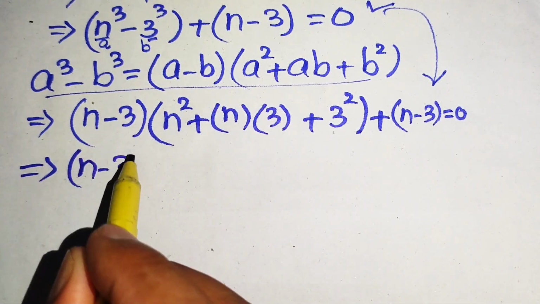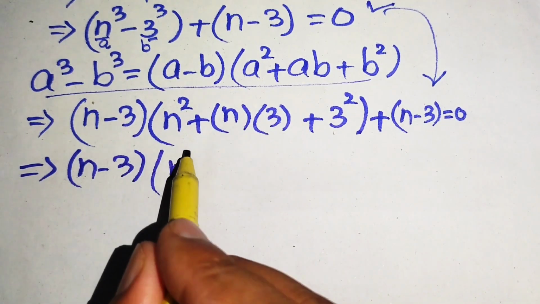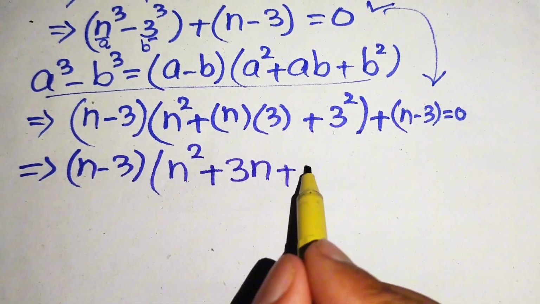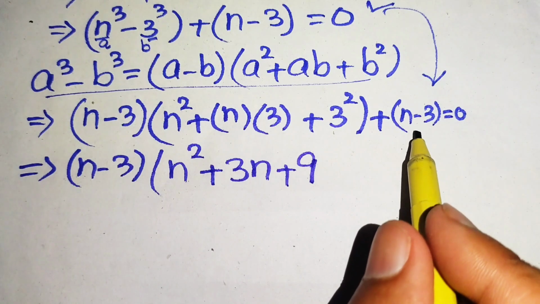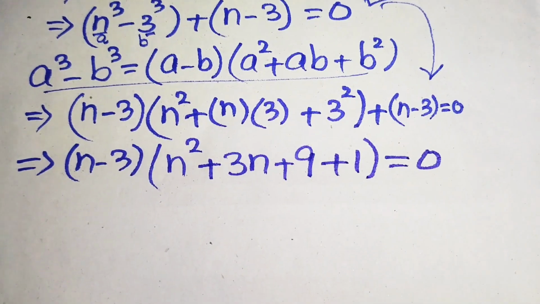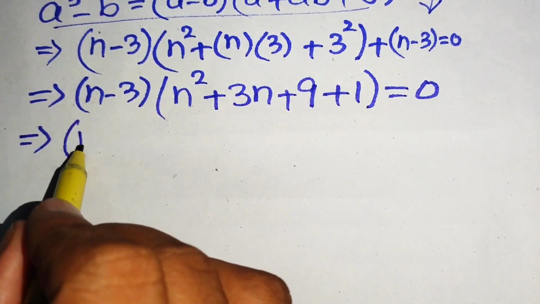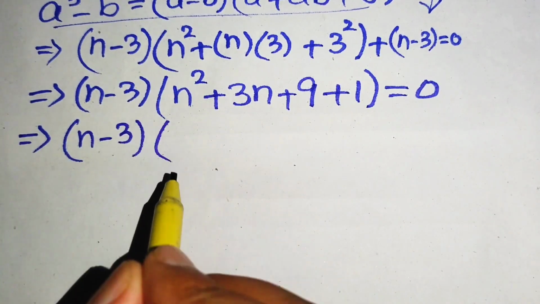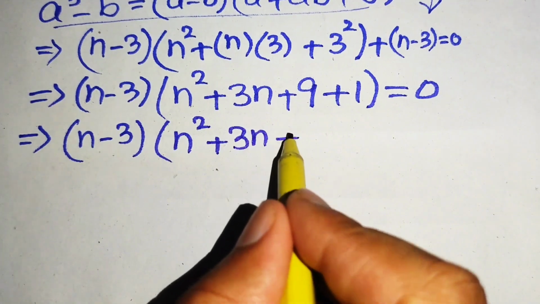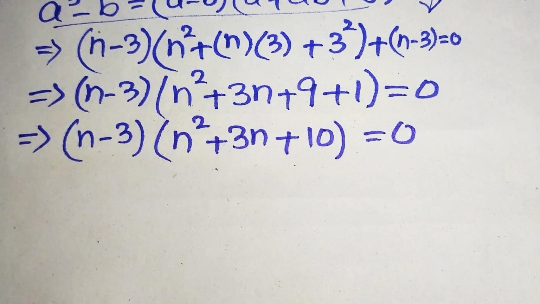So we take common n minus 3 and we get the remaining terms: n square plus 3n plus 3 square, which becomes 9, and because we take common n minus 3 here we get plus 1 equals 0. And now in the next step we simplify and write it as n minus 3 times n square plus 3n plus 9 plus 1, which is 10, and this whole equation equals 0.